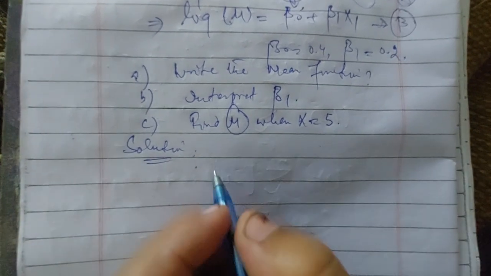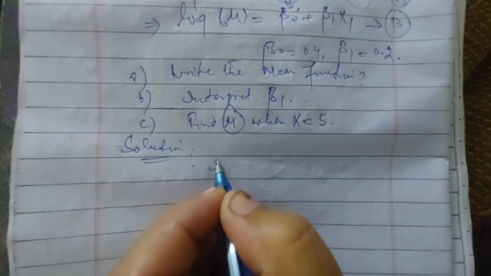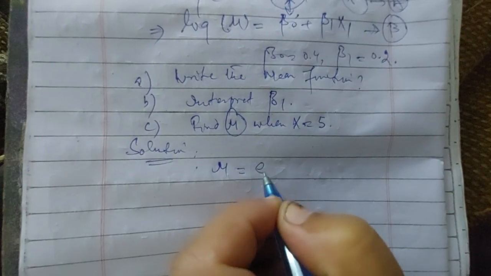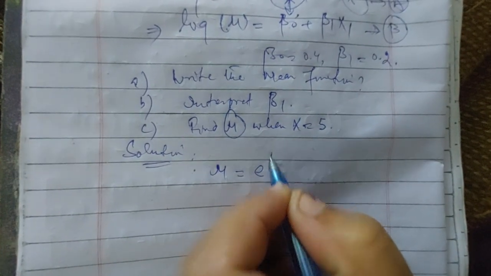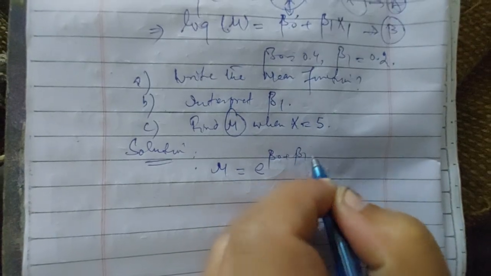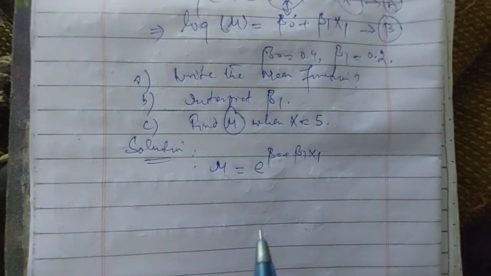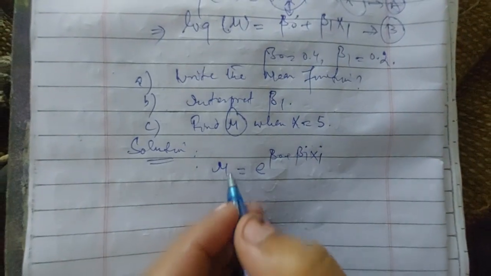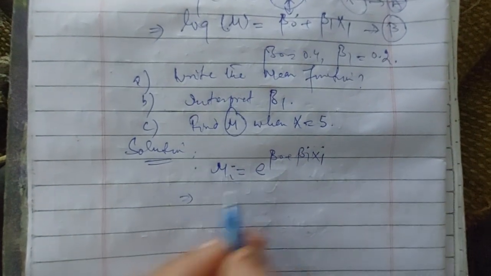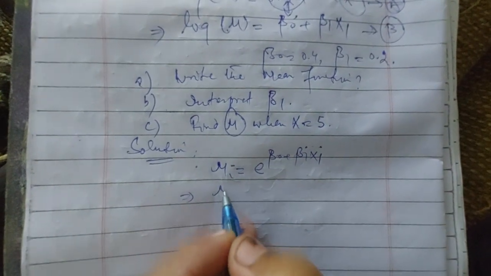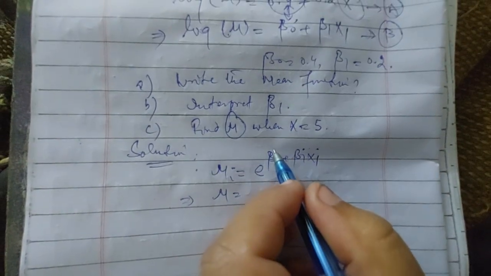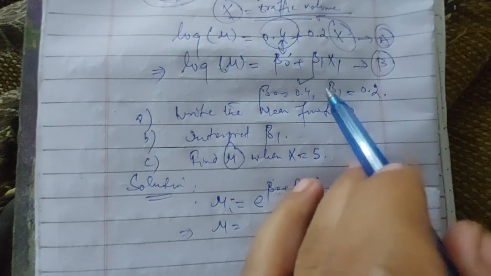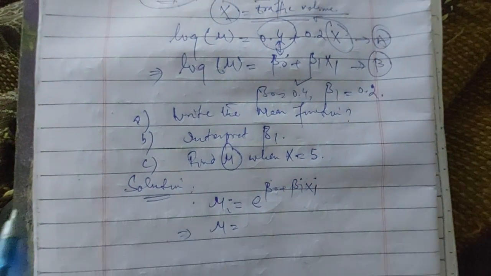Okay, so by Poisson regression, we know that the mean is the exponential of beta naught plus beta 1 x1, or beta i xi in general form, mu i. So we have mu is equal to, now we have beta naught is equal to 0.4 as we corresponds these two equations a and b.